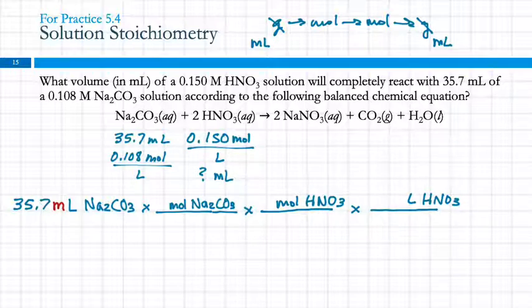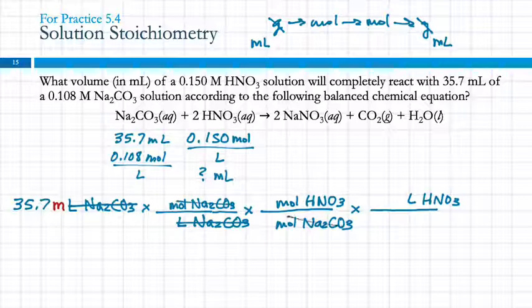Because what I've got is moles per liter for the sodium carbonate, and that's going to cancel liters of sodium carbonate. It's not going to cancel the milli. I'm just going to leave it. And then my mole ratio in here, and then over here, liters per mole.